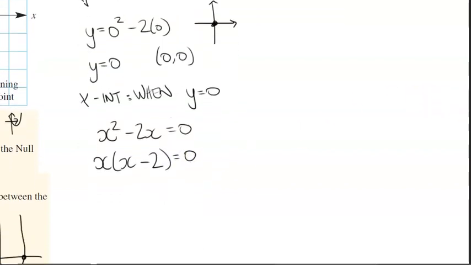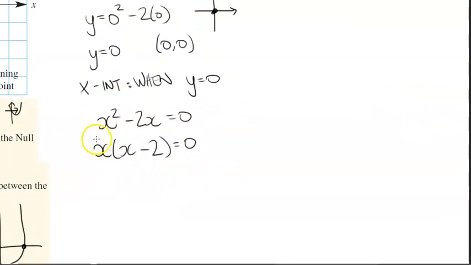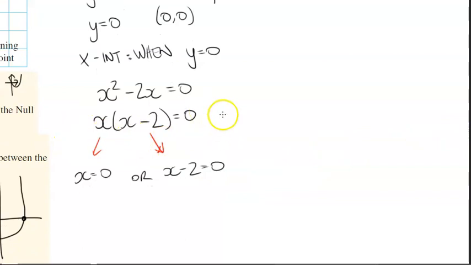And we can use our Null Factor Law to suggest that either x is equal to 0 or x minus 2 is equal to 0, in order for this equation to hold.